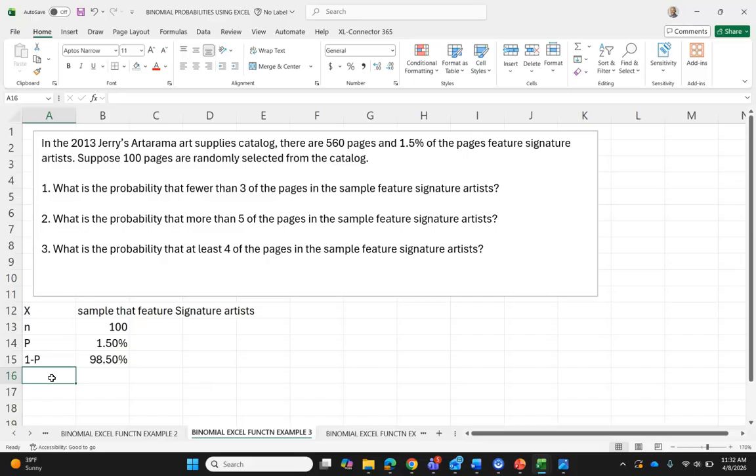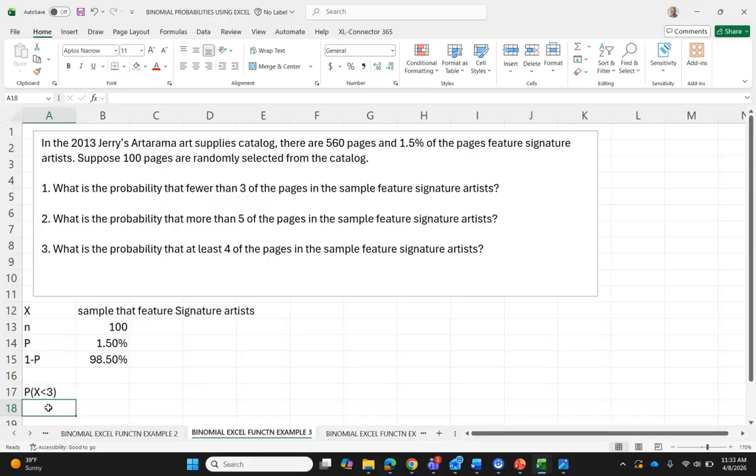It says, what is the probability that fewer than 3 of the pages in the sample feature the signature artist? So we are looking at the probability of X such that X is fewer than 3. We cannot say X less than 3 because that one is not at most.